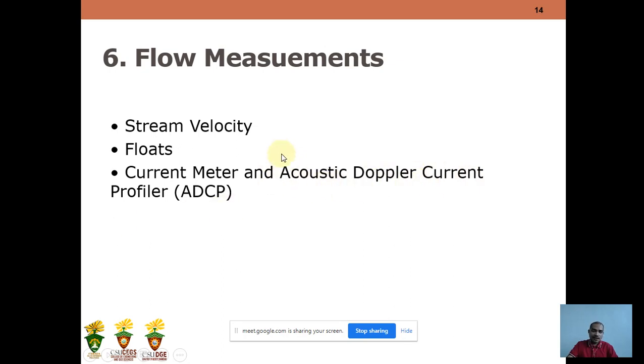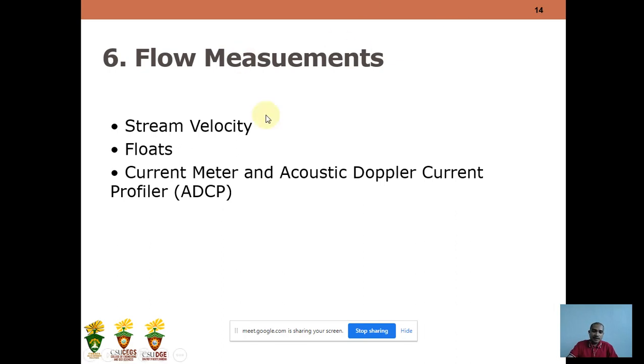ADCP is an instrument that can calculate the flow of the water, such as the velocity and the discharge, automatically. Let us recall our knowledge about discharge measurements, where discharge is equal to cross-sectional area times the velocity.